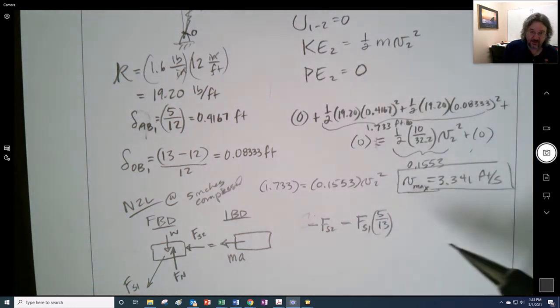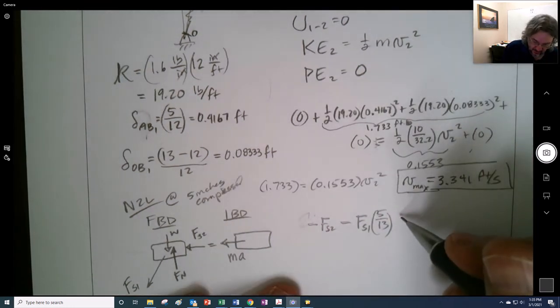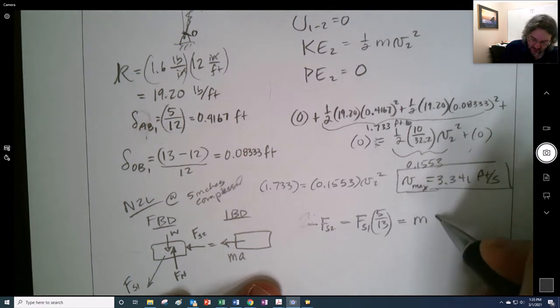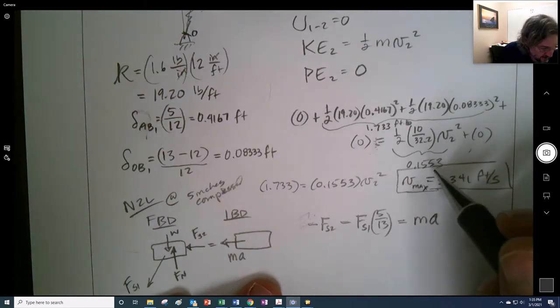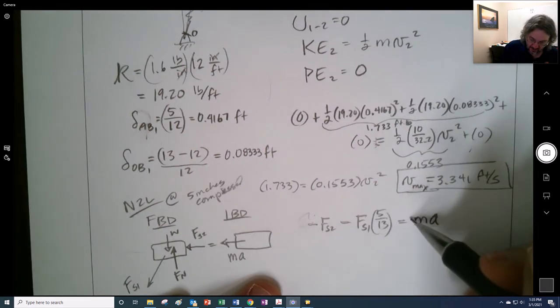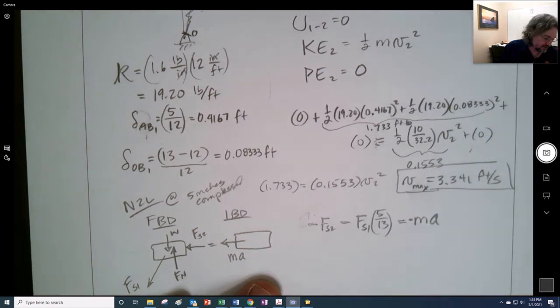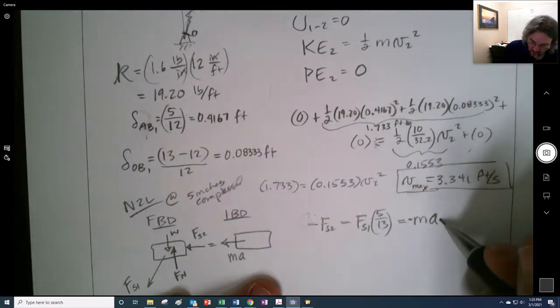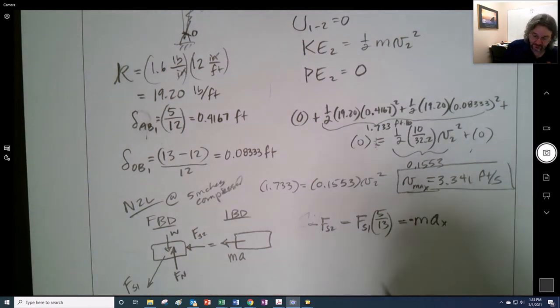Because we have that 5, 12, 13 triangle right here. And that's it for forces on this thing. And it's going to be mass times acceleration. And I should say that it's going to be a negative acceleration, right? It's going to be going in that direction, in the x direction, let's say.